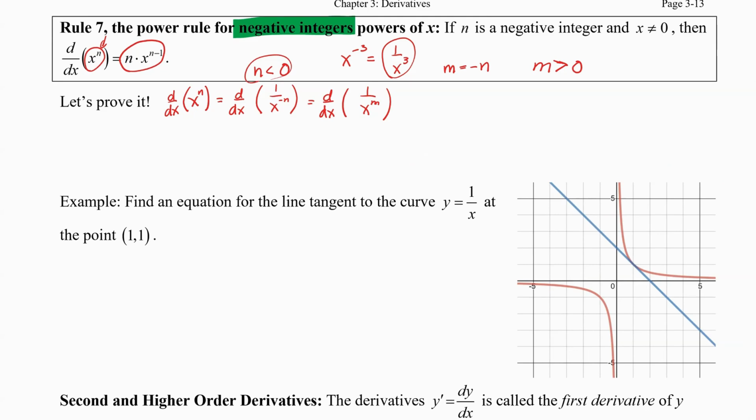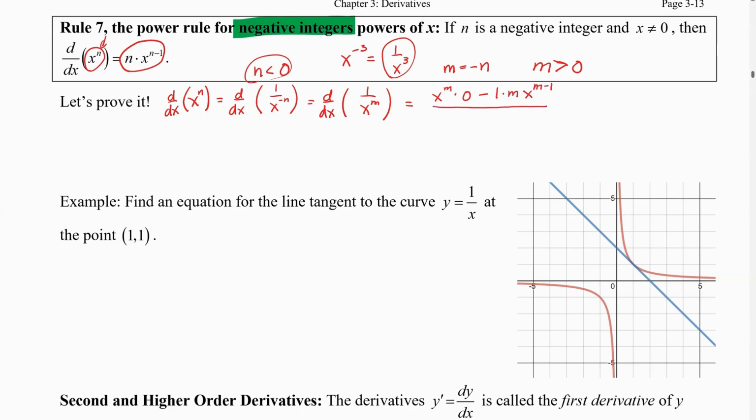And now we can use the old power rule and the quotient rule combined together. Quotient rule: bottom, x to the m, times the derivative of the top. Well, top is 1, which is a constant, 0, minus the top, which is 1, times the derivative of the bottom. Well, the power rule says we can bring down the power and reduce the power by 1.